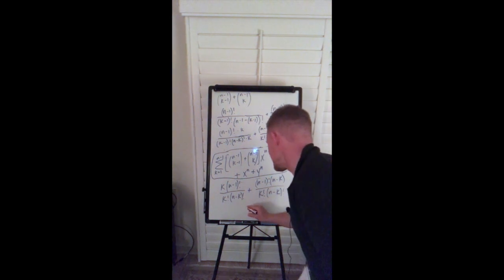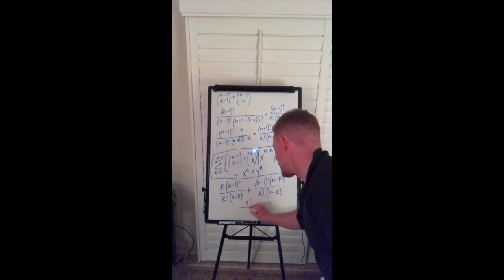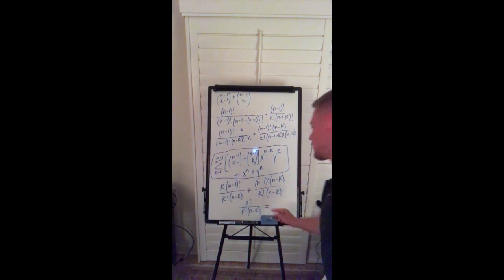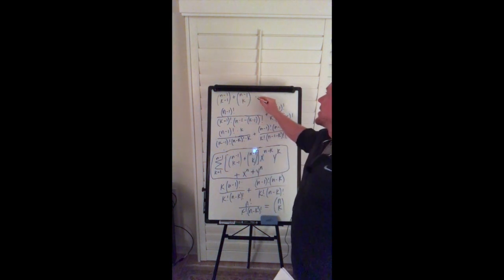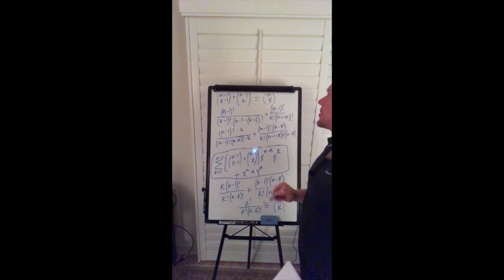That's fantastic. That means we're left with n factorial over k factorial times n minus k factorial, which is equal to, what is that equal to? n choose k. So this mess right here is just equal to n choose k, which is pretty amazing.